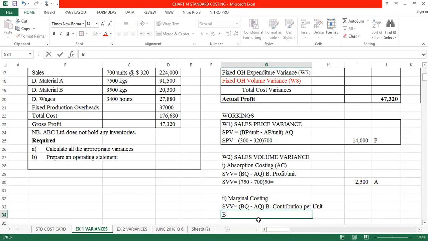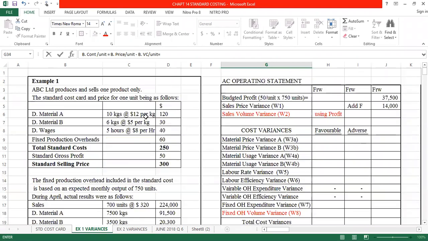Remember, budgeted contribution per unit is equal to budgeted price per unit minus budgeted variable cost per unit. What is the budgeted price per unit?